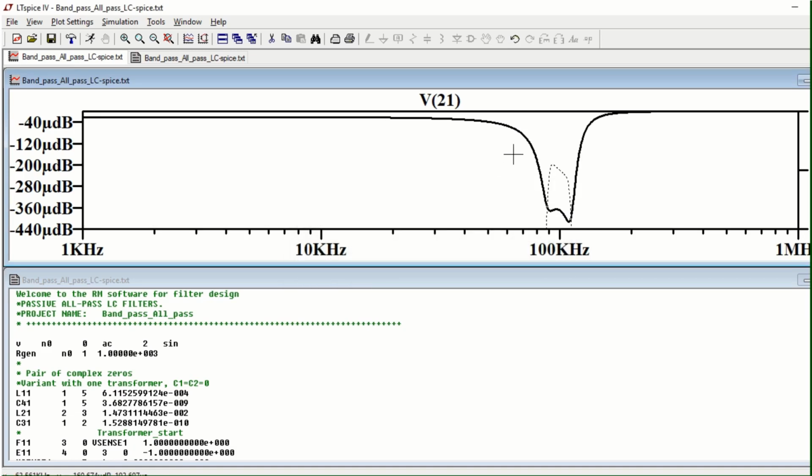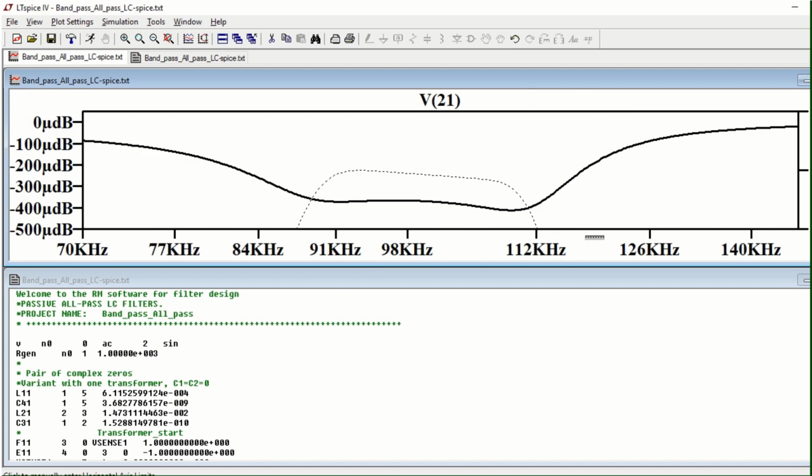Of course, we should enlarge this, and we can see the slope here and the error done by the conversion from the mathematical function into the circuit is about 400, just below 400 microdecibels. It is less than half of a millidecibel.